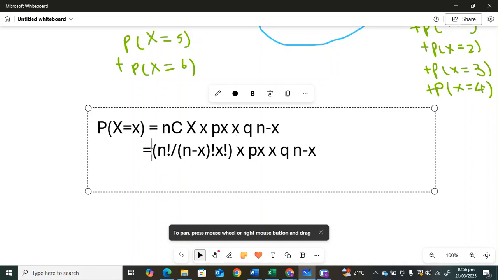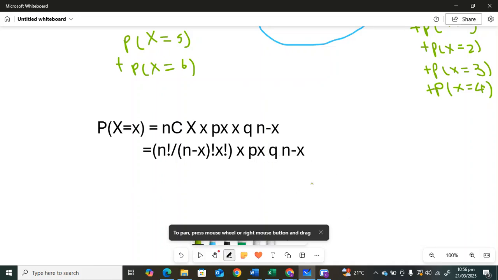So this is the formula for the binomial distribution. Maybe let me write it in markers so that we can see it. P(X = x) equals, I'll explain what everything means.